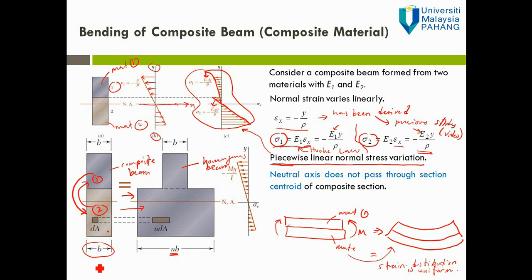If material 2 has a higher modulus of elasticity compared to material 1, then the width, or the area, will become bigger. If E2 is less than E1, then the area after transformation will become smaller.